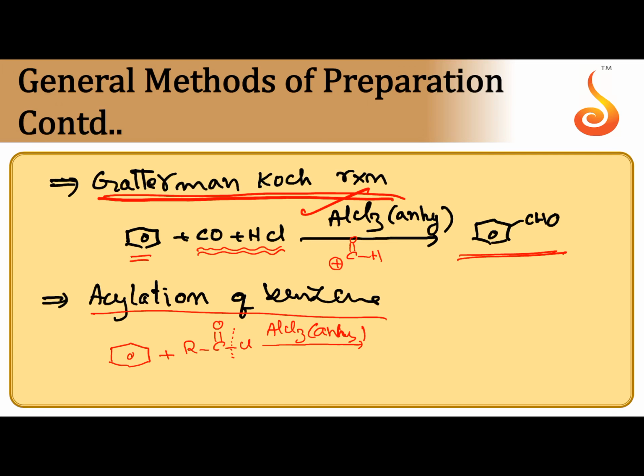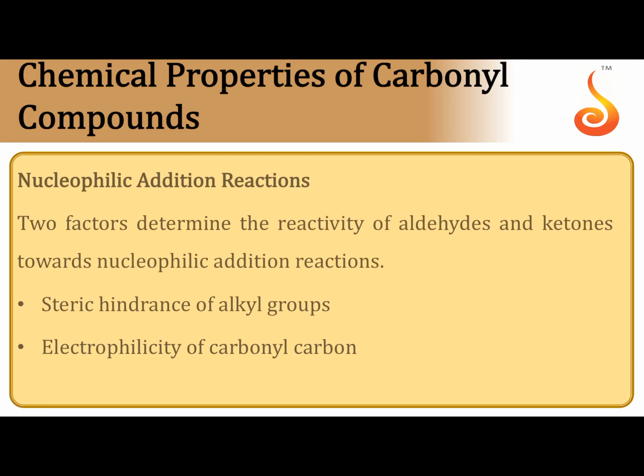Cl- is taken by AlCl3, providing an electrophile acylium carbocation that replaces H+ of the benzene ring. So acyl group is attached to the benzene ring. This process is called Friedel-Crafts acylation. This is used for the preparation of ketones. Now coming to the chemical properties, we have to concentrate on chemical properties.